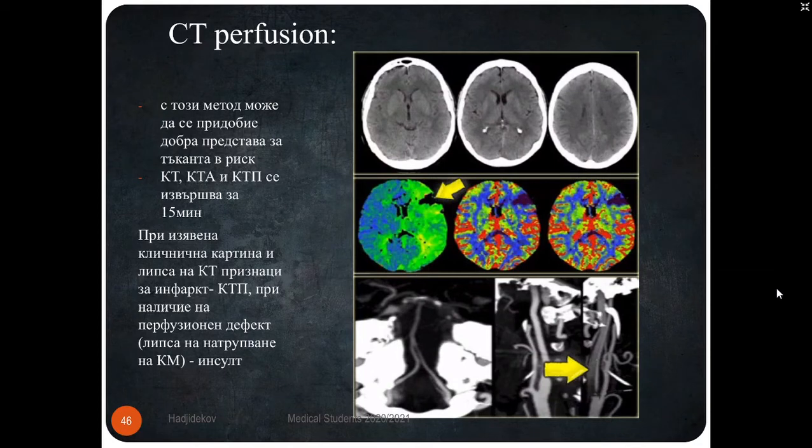If we perform it in the very first minutes after the onset of this clinical condition, we will be able to differentiate between the area at risk and the irreversibly damaged parenchyma.